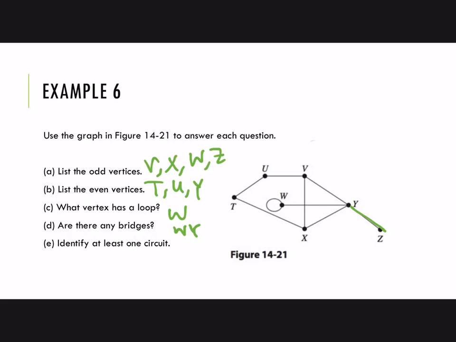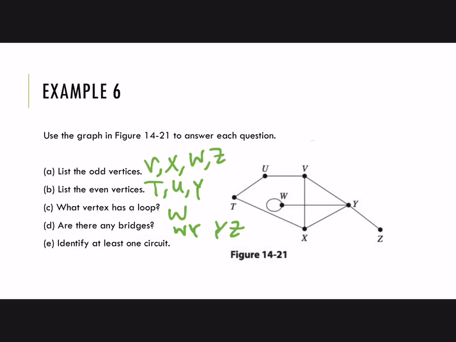Okay, if I take out that, then Z is disconnected from this entire rest of the graph. Another common answer, some people say this loop is a bridge. Okay, but notice if you do erase the loop, we're just erasing the loop and not the vertex W that goes with that. And that's okay. You can erase the loop and still have the rest of the graph be connected.